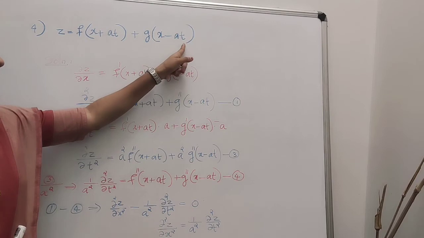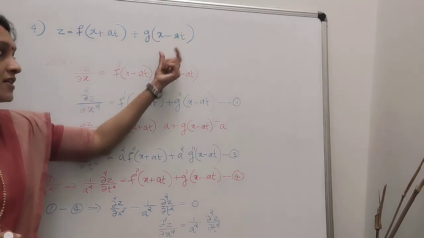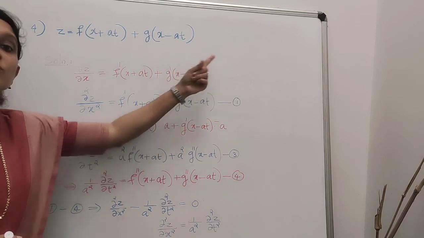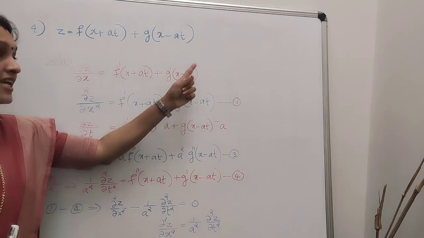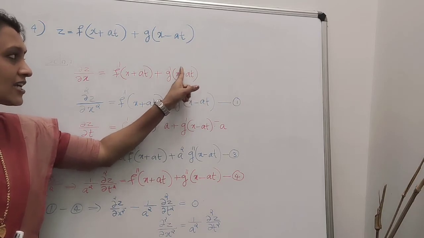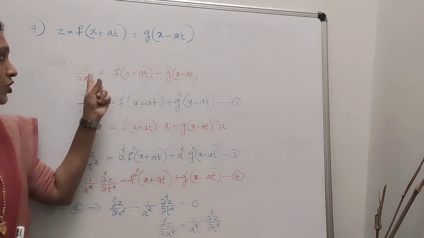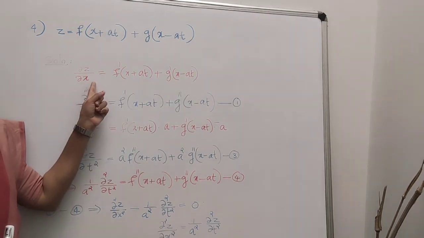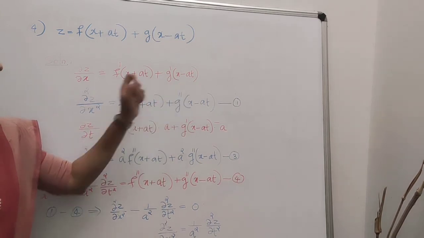So g of x minus at, g of something. What is the derivative? g dash of something into the derivative of something. So g dash of x minus at into x minus at, whose derivative with respect to x is 1. So in total, dou z by dou x is f dash of x plus at plus g dash of x minus at.